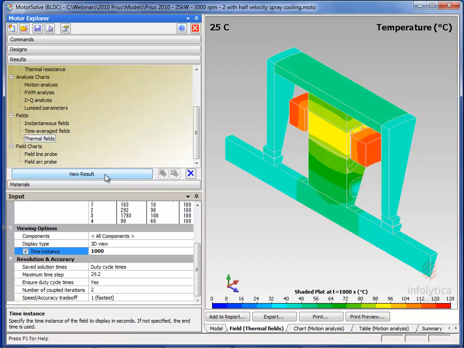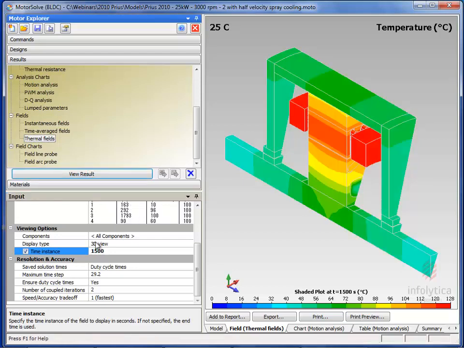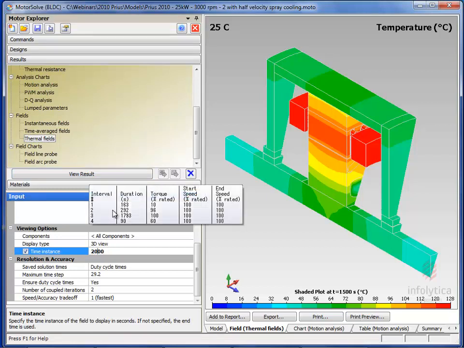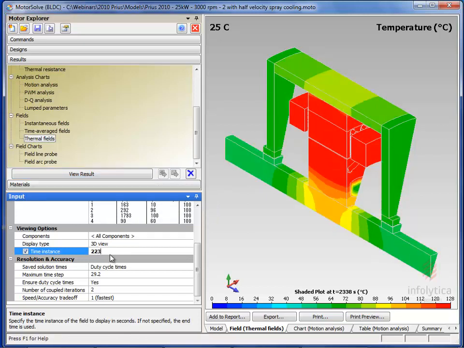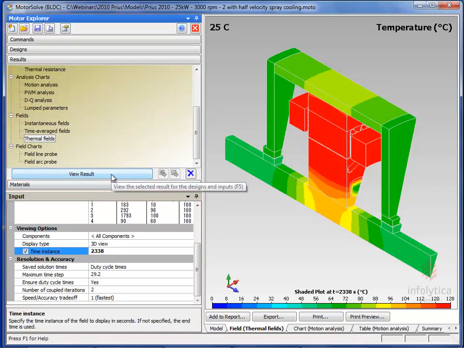Here's the response at 1000 seconds, 1500 seconds, 2000 seconds, and 2300 seconds.